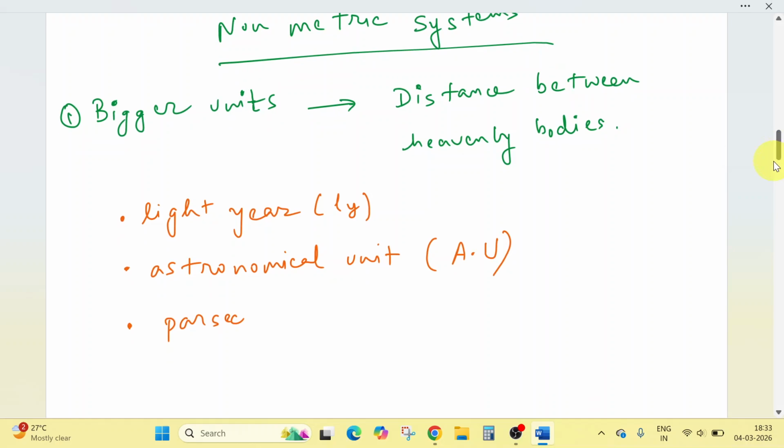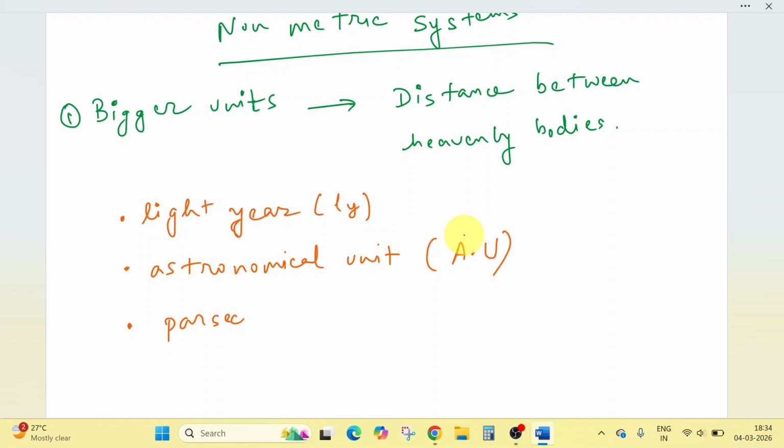Meaning there is no connection with meter over here, non-metric. Now it is very interesting to see that the first unit I have written is light year. By looking at the name, someone may think it's a unit of time, because it has year in it, but it is not a unit of time.